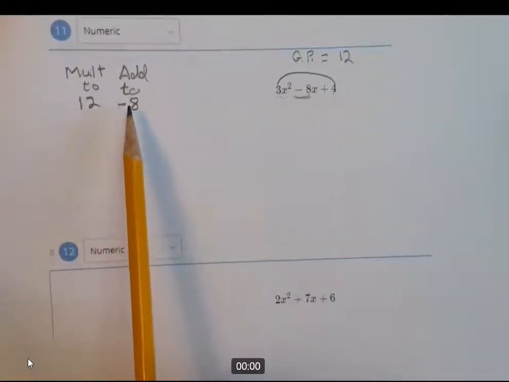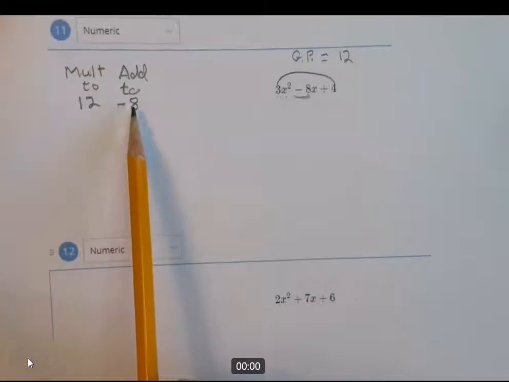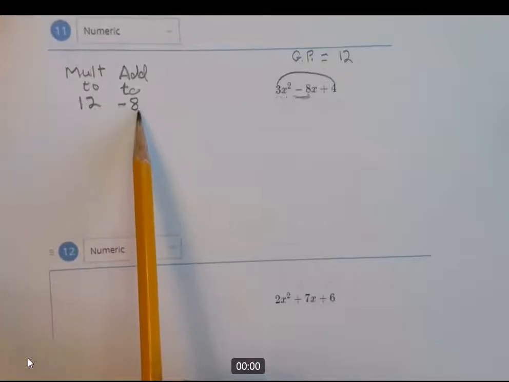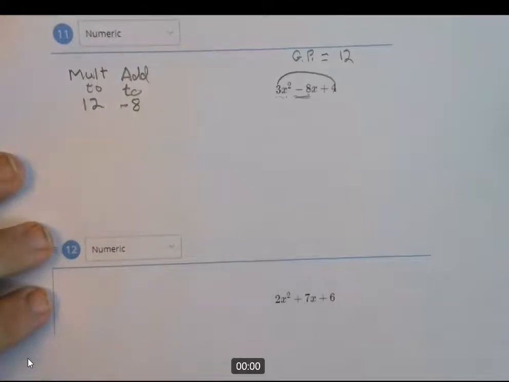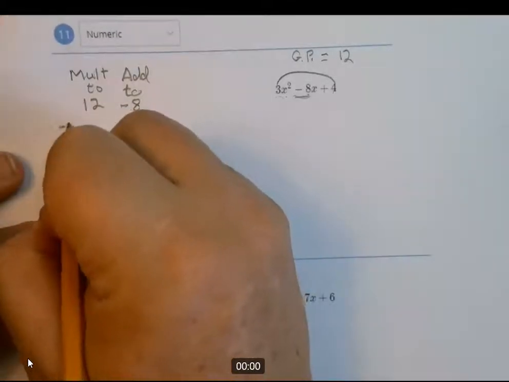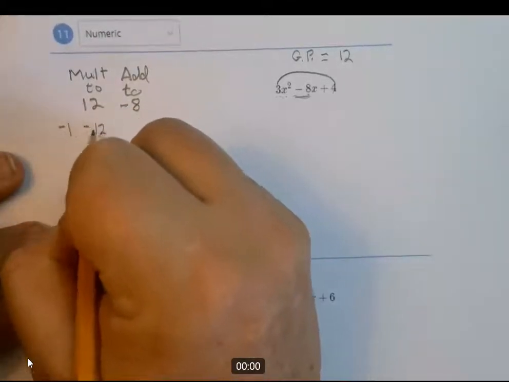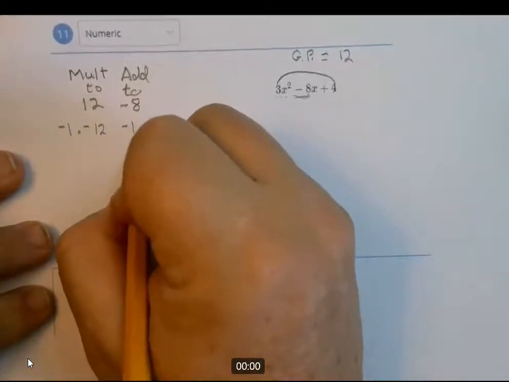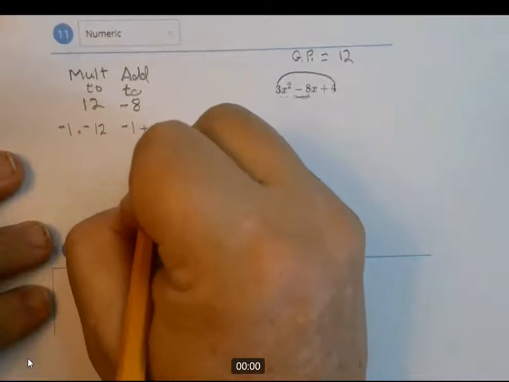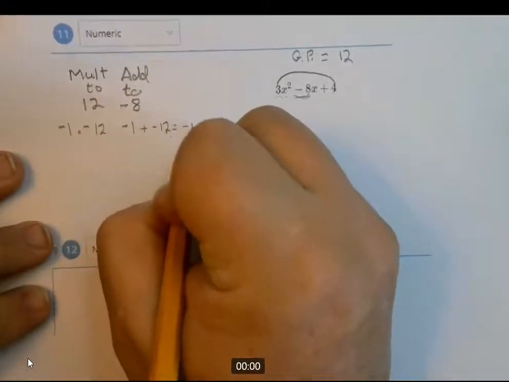Since they add up to a negative number, they must both be negative. So I'm going to work with negative numbers here. Let's start with negative 1 and negative 12. You multiply those and get positive 12. Negative 1 plus negative 12 gives you negative 13.